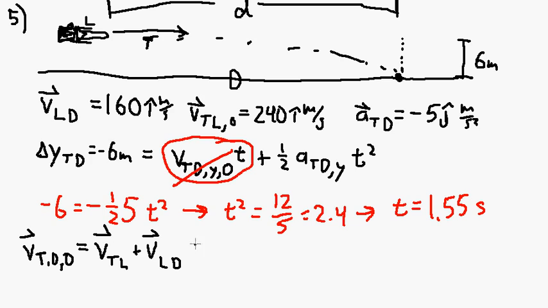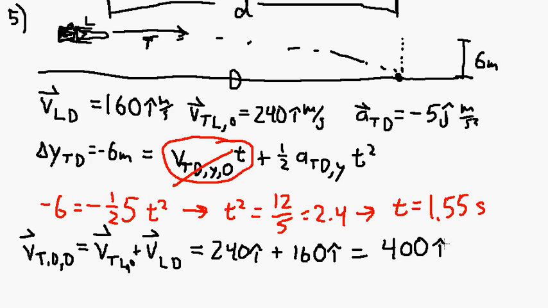Initial velocity of torpedoes with respect to Luke is 240 i hat, and velocity of Luke with respect to the Death Star, actually constant velocity, was 160 i hat. So the initial velocity of torpedoes with respect to the Death Star is 400 i hat meters per second. That means they're going 400 meters per second horizontally.